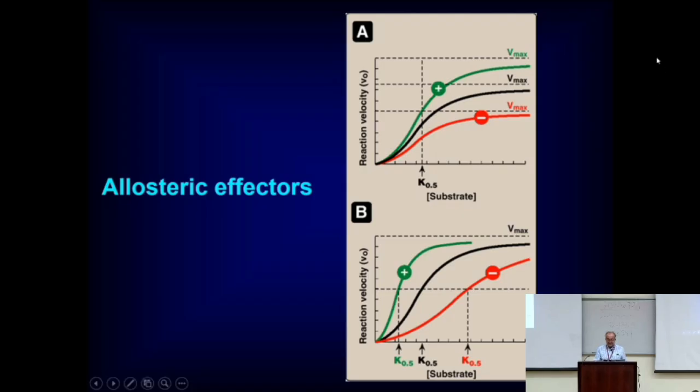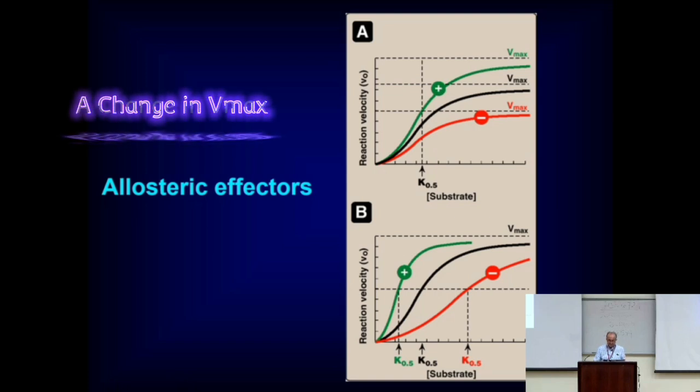If you add a small molecule that binds to an allosteric site, a site other than the substrate binding site, that positively modulates the activity of this allosteric enzyme, it could change the Vmax by increasing the velocity. Okay? That's a positive allosteric activator.